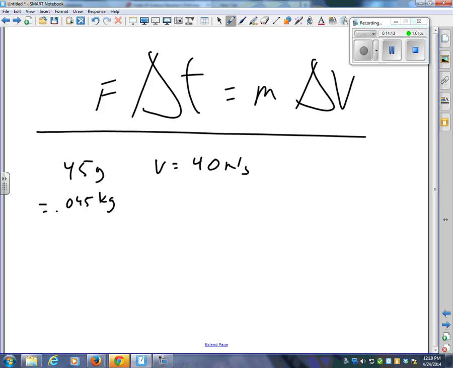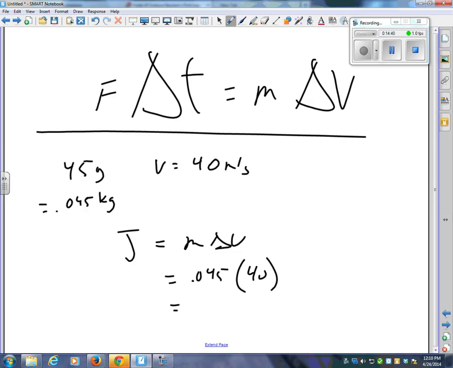So here, we're going to find the impulse. Now, to find the impulse, I need force and time, and I have neither of those, right? But I know that the impulse is equal to m delta v as well. So the mass is 0.045. The change in velocity is from 0 to 40, so it's 40.